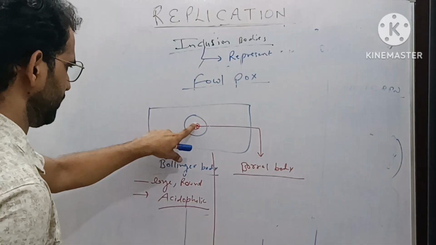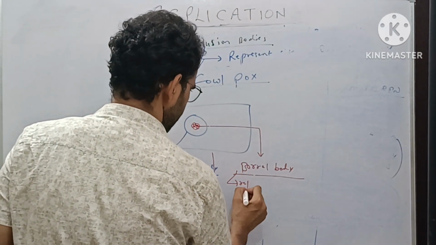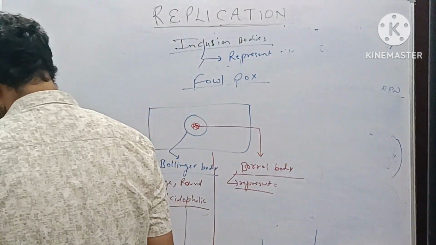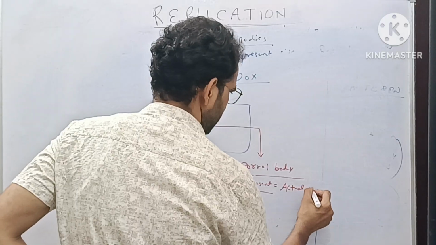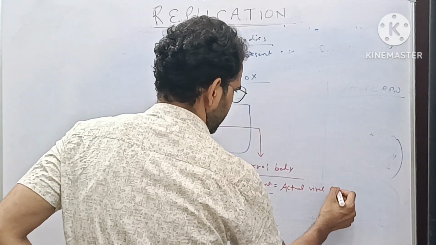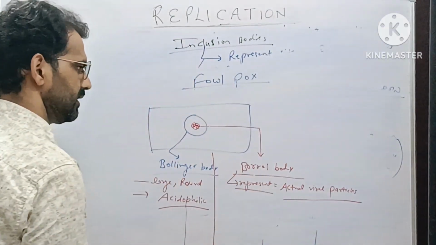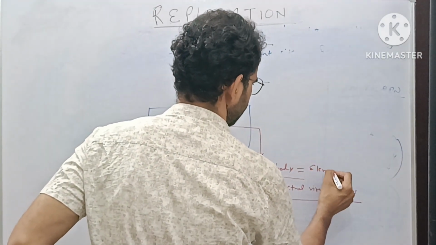Inside this Bollinger body, we have Borrel body. What do Borrel bodies represent? They represent actual viral particles. These are also known as elementary bodies.